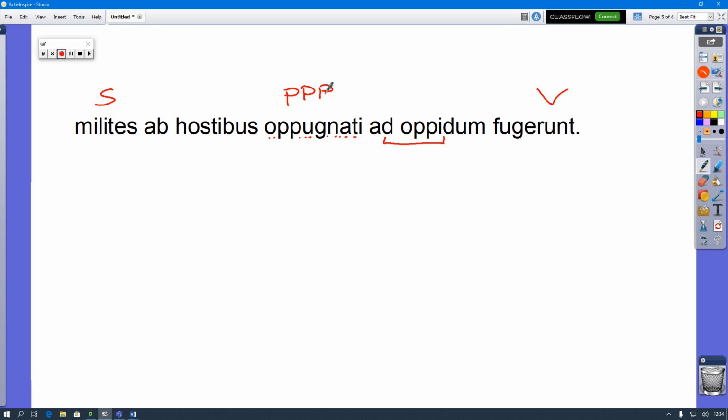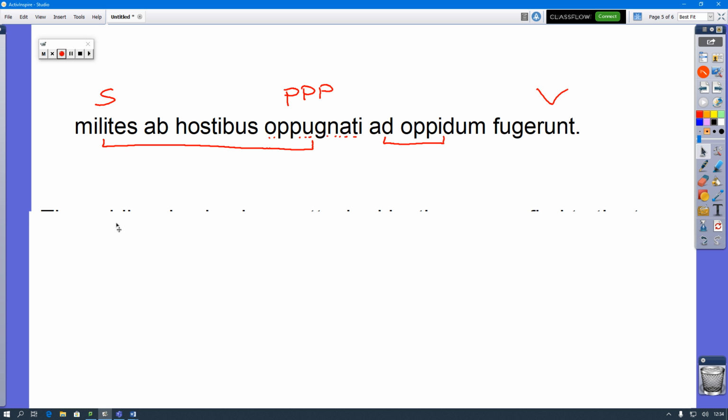As I did before, I've got to think what it goes back to. Oppugnati is a nominative ending, so I think that's going to go all the way back to milites. And so when I translate the sentence, it's not just the milites, it's the milites ab hostibus oppugnati who fled to the town.